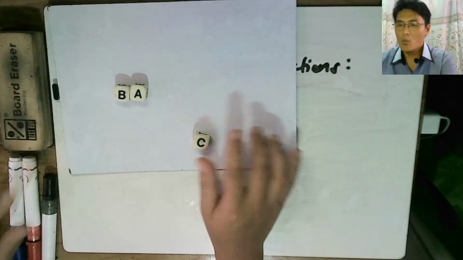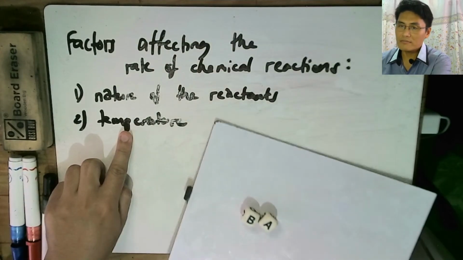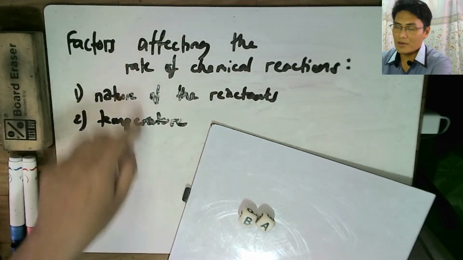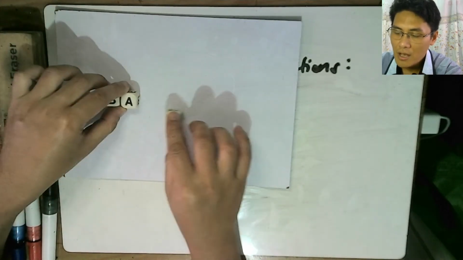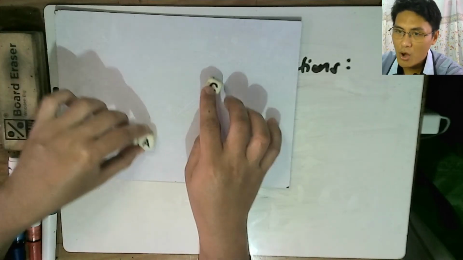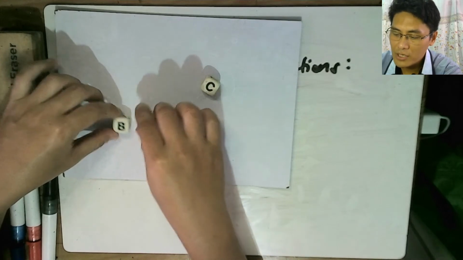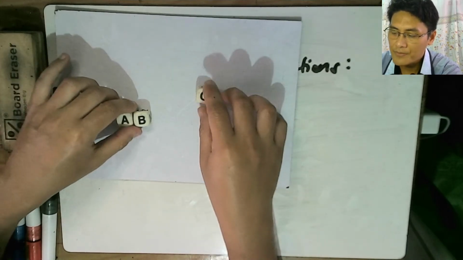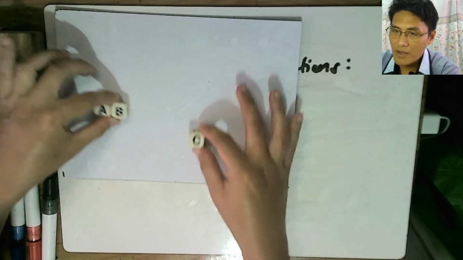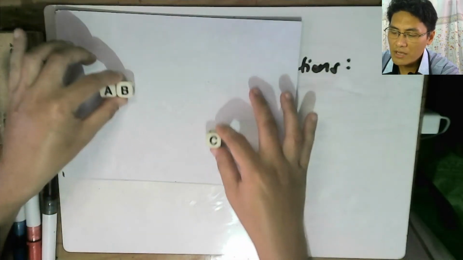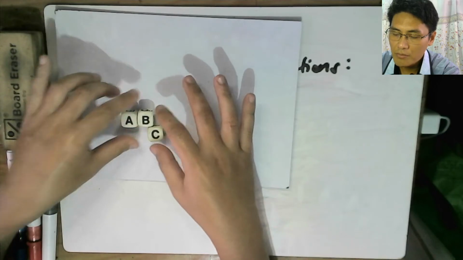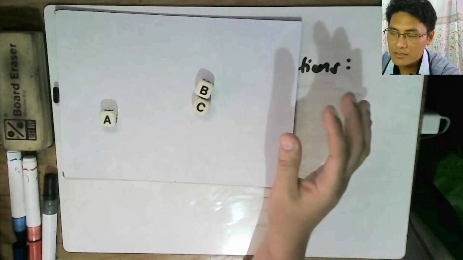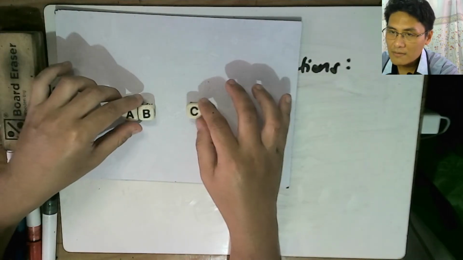So why would temperature affect the rate of chemical reactions? Again, it has to do with the collision. Again, we use this single displacement reaction. If the temperature is low, they're moving slowly. When they collide, the energy might not be enough to break this bond and form new bonds, right?